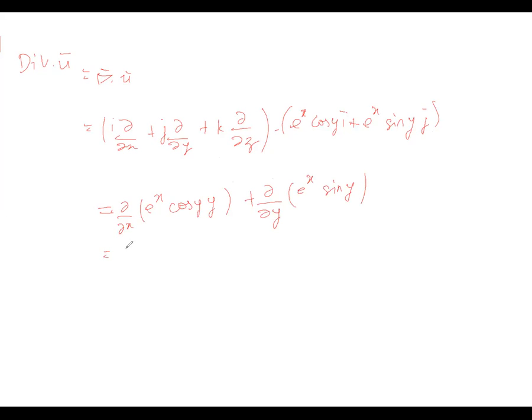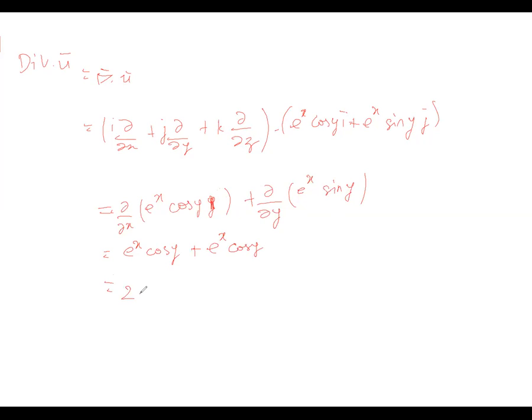So the value equals dou by dou x of e power x cos y, which is e power x cos y, plus, if you differentiate with respect to y, e power x is a constant, and dou sin y by dou y equals cos y.